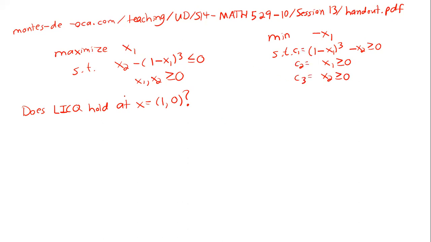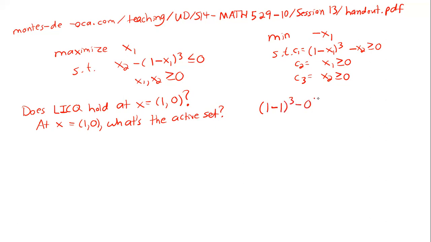Then we have to say, at x equals (1, 0), what's the active set? I need to look at the gradients of the constraints in the active set. So this means whenever my constraints are equal to 0. Let's look at C1. At the point (1, 0), let me plug in what this would be.